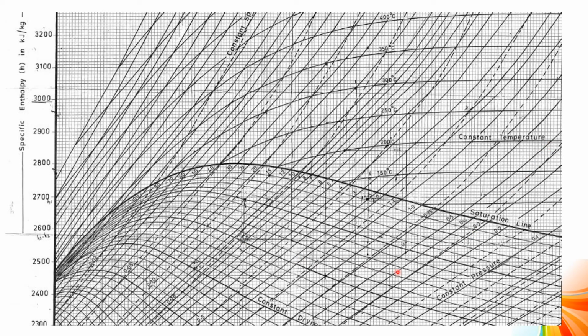The curves perpendicular to the saturation curve are known as pressure curves, and the curves parallel to the saturation line are known as constant dryness fraction curves. These curves are constant temperature curves. The dotted lines indicate the specific volume values.